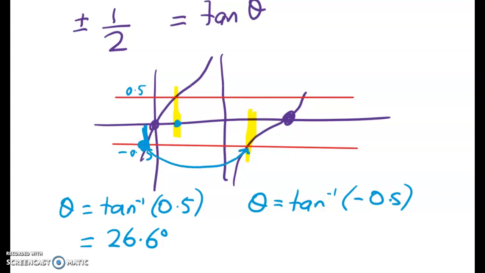So what I have to do is to add 180 degrees onto it. So theta is going to equal tan inverse of negative 0.5 plus 180 degrees. And I find that doing the graph means that I'm not going to get confused with that answer. So don't just stop when you get an answer out of your calculator and you see that it's a negative number. So the final answer here will be 153.4 degrees.